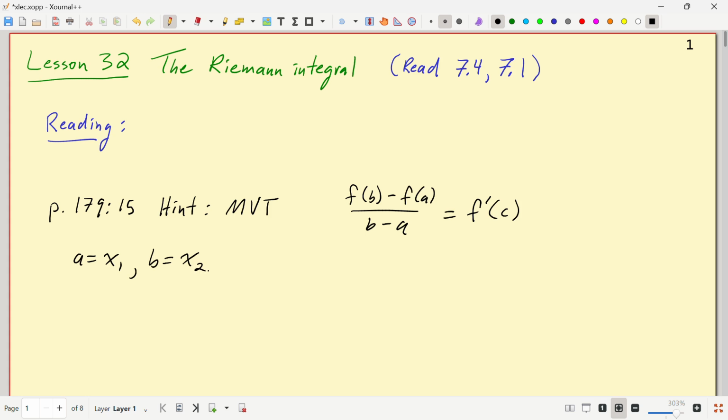Okay, so that's important. Also, read the stuff about convex functions and Newton's method.